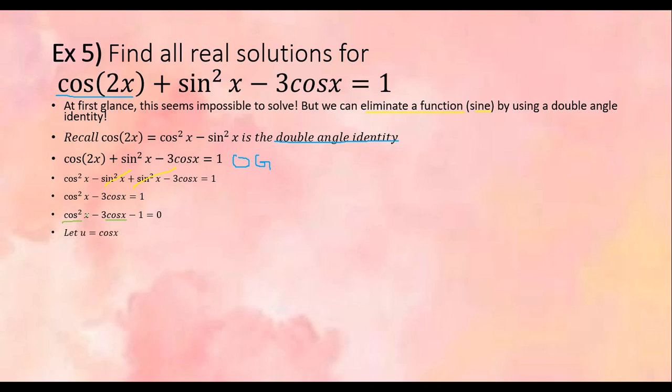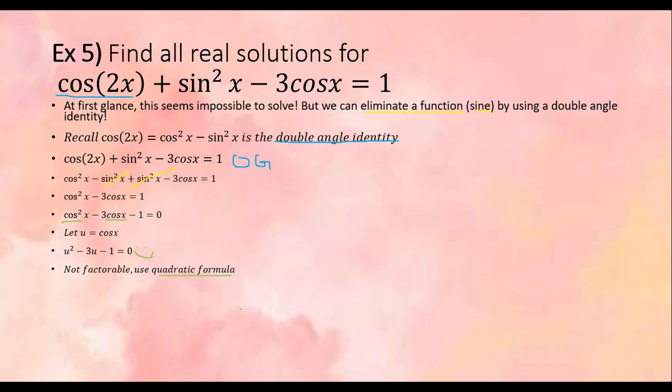Let u equal cosine of x. Substituting in my u value, I get u squared minus 3u minus 1 equals 0. This looks simple, but the factors of 1 are just 1 and 1. They're never going to add up to being 3. This is not factorable.